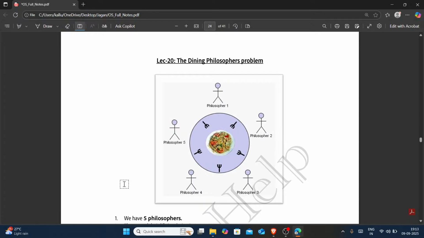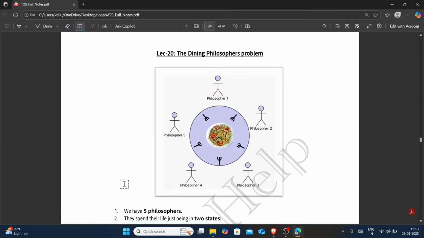So we need some methods to avoid deadlock in this case.